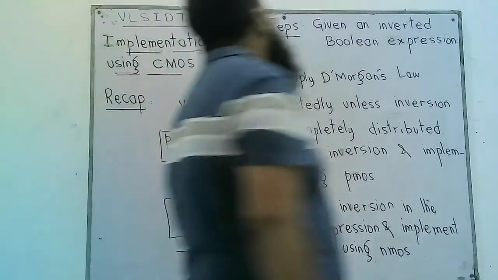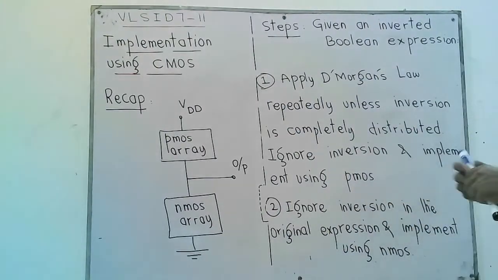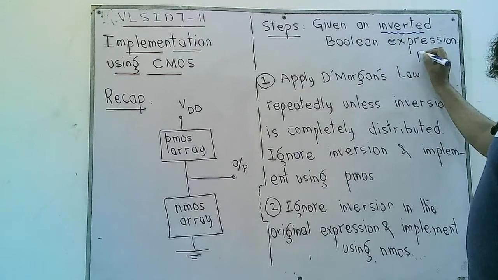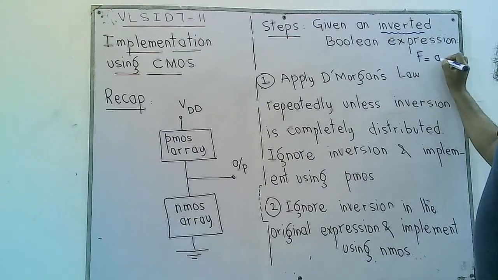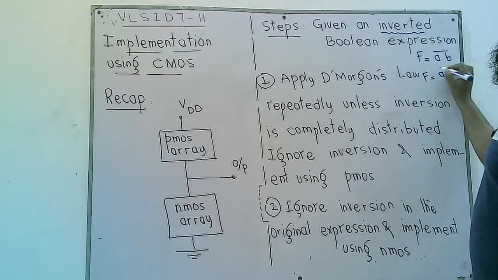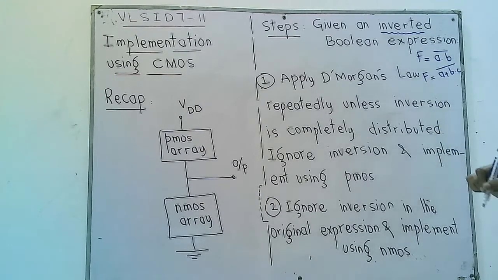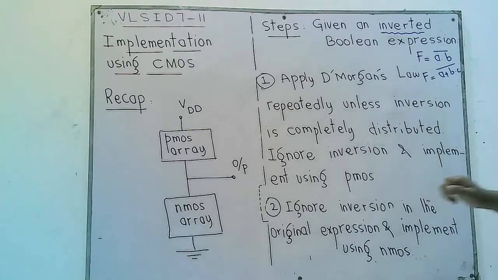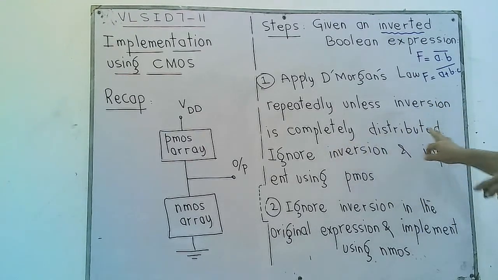The steps are here. We will be given an inverted Boolean expression, for example an expression like this, or an expression like this, but it will be inverted. So we'll apply De Morgan's law repeatedly until the inversion is completely distributed on each and every variable.